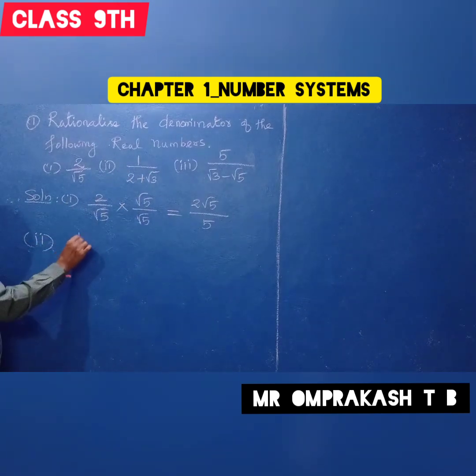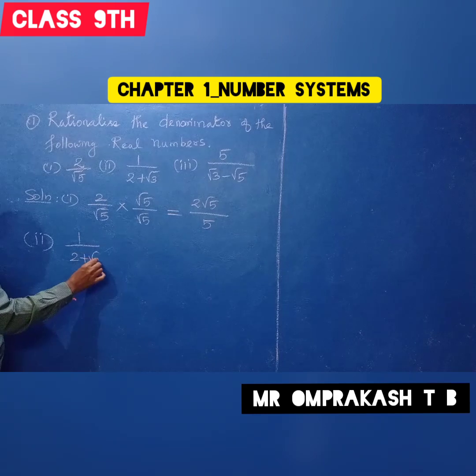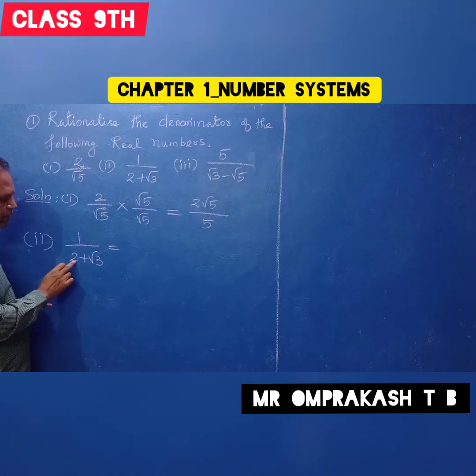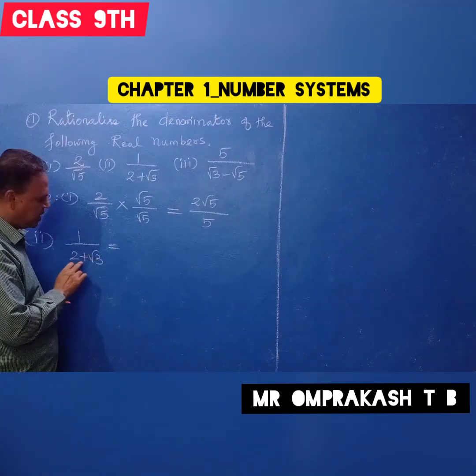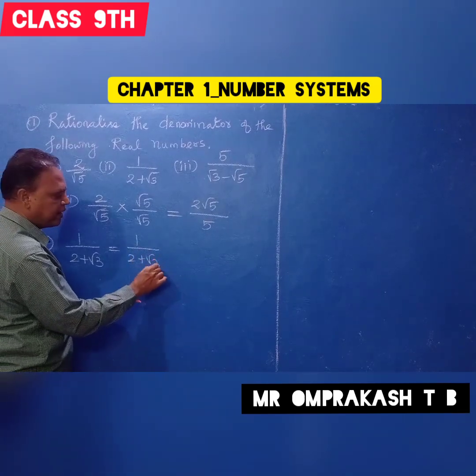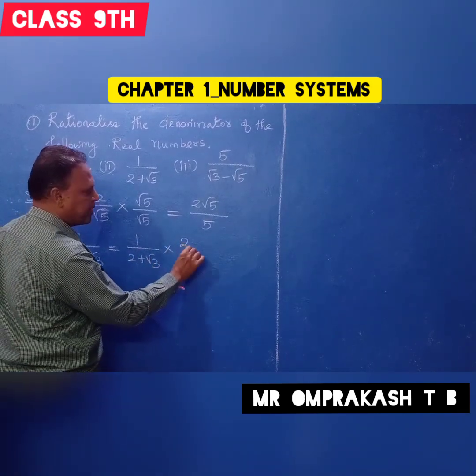Next problem, same way. What is the conjugate of this number? It is 2 minus root 3. You multiply and divide by the conjugate, then only it will be balanced.